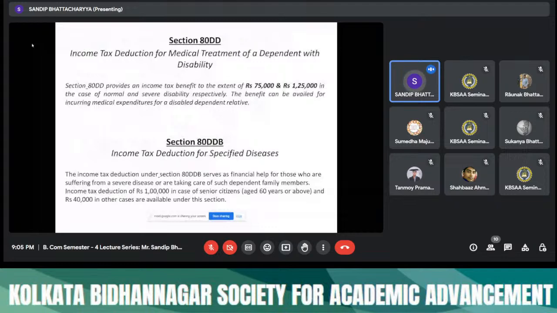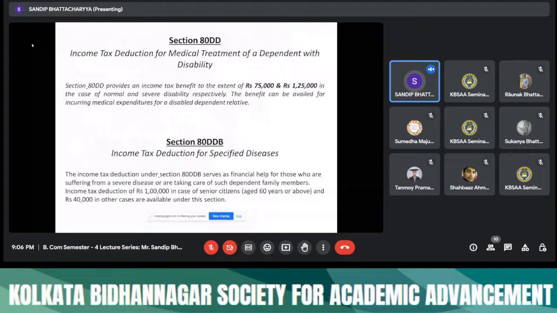It is for your family. যদি তোমার ফ্যামিলিতে কেউ এরকম থেকে থাকে, তোমার জন্য নয়, তুমি হচ্ছে অ্যাসেসি। স্যার যদি আমার হয় তাহলে সেই সেকশনটা চলে যাবে আন্ডার সেকশন 80U, সেটাও আমি আসবো আন্ডার সেকশন 80U। সো তোমার ফ্যামিলিতে যদি কোনো ডিসেবল পার্সন থাকে, তার জন্য তো যদি তুমি মেডিকেল এক্সপেন্সেস করো, যদি তুমি সিনিয়র সিটিজেন হও তাহলে 1,25,000, যদি তুমি বিলো সিনিয়র হও তাহলে হচ্ছে 75। I hope it is clear up to this.